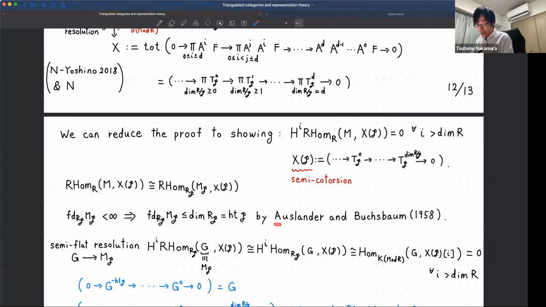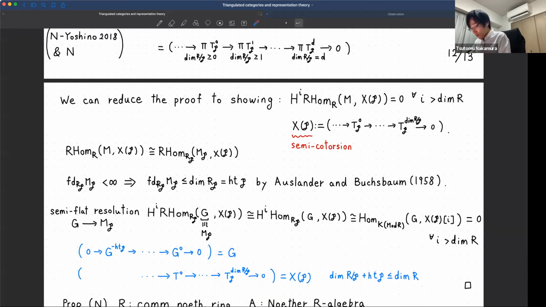And by a classical fact due to Auslander and Buchsbaum, if this is finite, then it is at most the Krull dimension of R_p, namely the height of p. And it's not too difficult to check this inequality. Also, using the flat cotorsion technique, we recovered this inequality in my paper with Thompson.